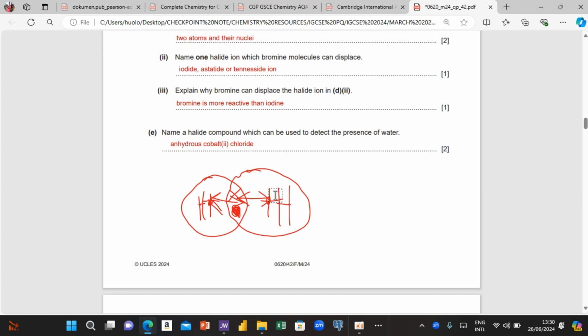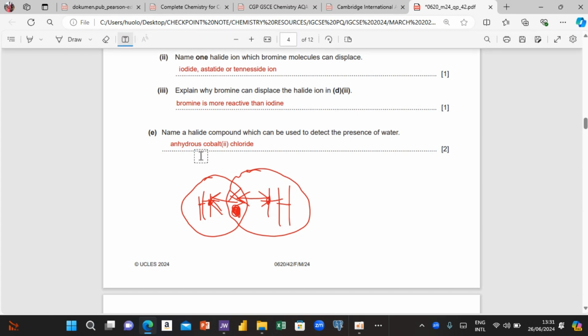Now the second compound that can be used to detect the presence of water is anhydrous copper(II) sulfate. With anhydrous copper(II) sulfate, we go from white to blue, while with anhydrous cobalt(II) chloride, we go from blue to pink. Please don't get it twisted. Always remember the change in color.